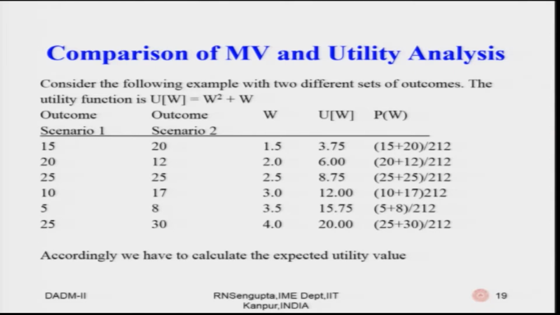So, consider the following examples with two different sets of outcomes. The utility function is again quadratic, which is w square plus w. It could have been w square plus b w plus c, anyway it does not matter. So, the outcomes are given. If you look at the first column in the table, I am not going to mark it, but I am just highlighting.